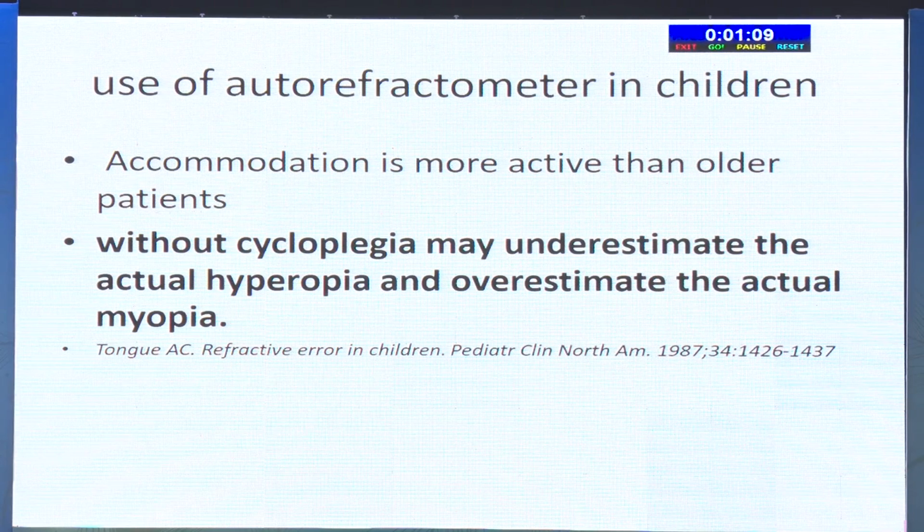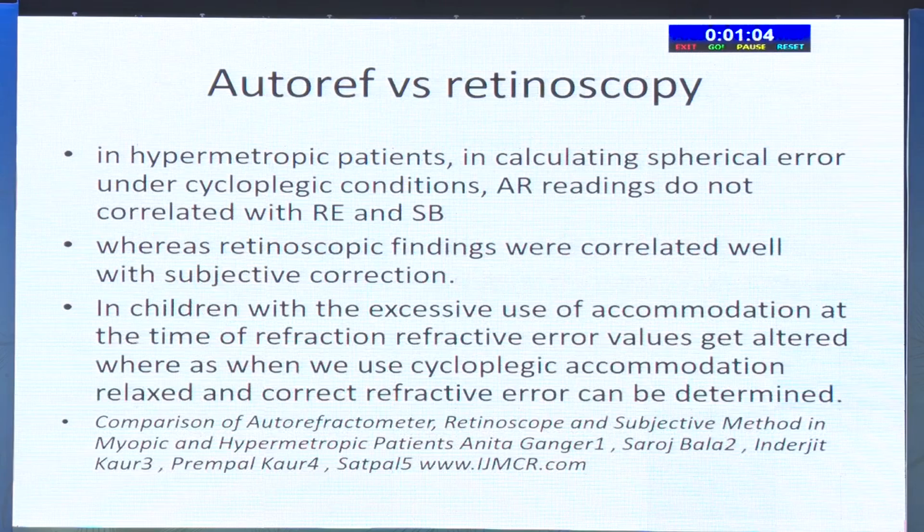In hypermetropia, on the other hand, it gives a lesser value. So this should be understood, especially in children. When you are examining children, accommodation plays a role, and when accommodation plays a role, you have to do a good retinoscopy after dilation.